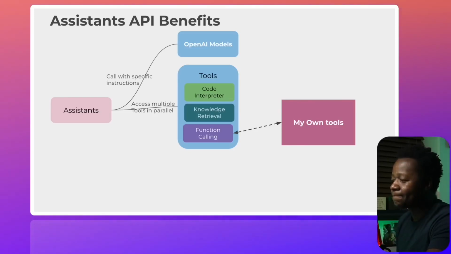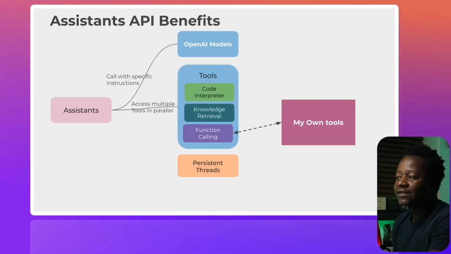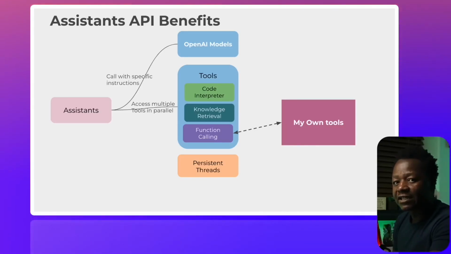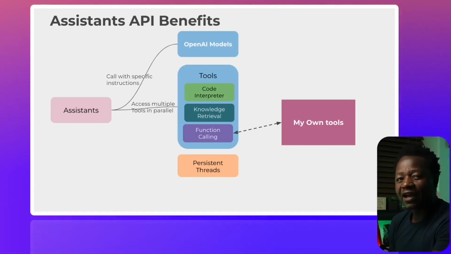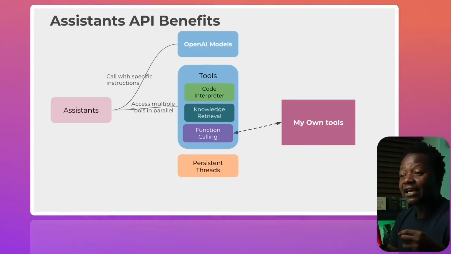You get the idea. And along with everything that I said, we have these persistent threads. The threads, we'll talk about in a second here, allow us to have these messages that are being saved in our conversation. And so those are saved for context, which is huge, because remember, all large language models don't have a concept of saving history per se.